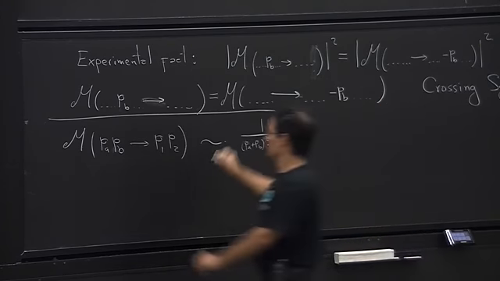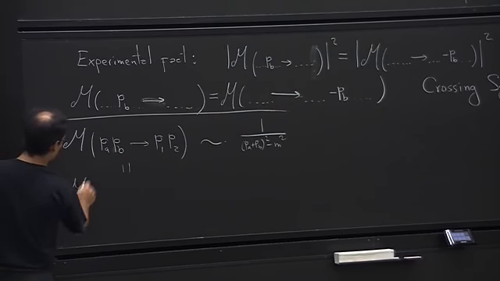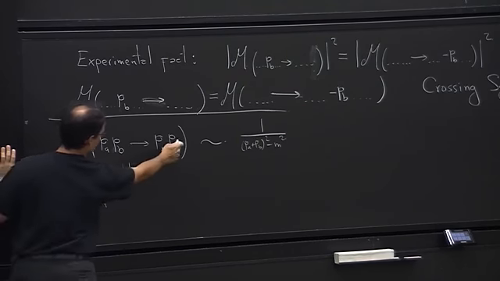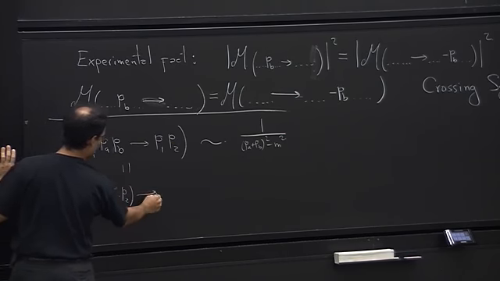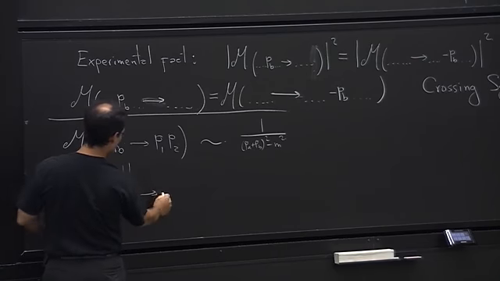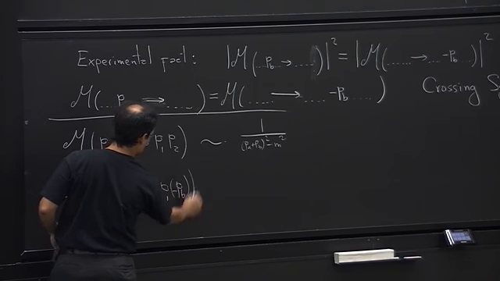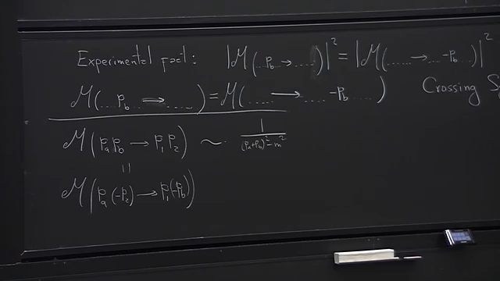Now, according to this, it should be the same rational function as the one that I get by, say, putting P2 here with a minus sign, and then putting PB there with a minus sign. But unitarity for this one tells us that the function should have a pole, but where now?